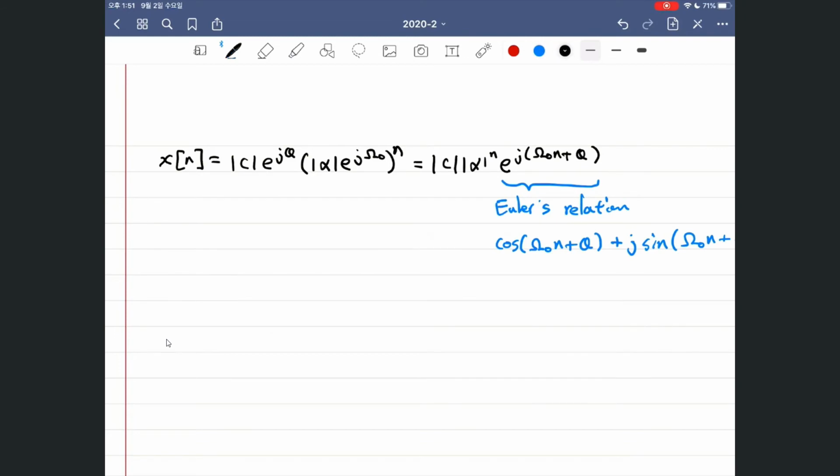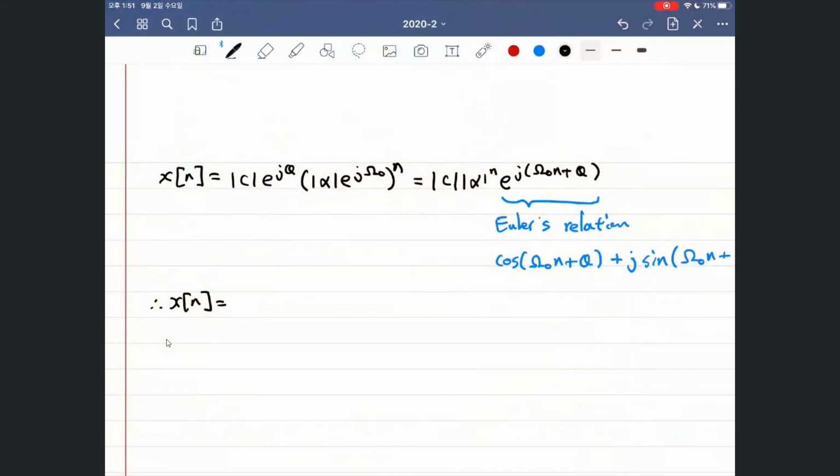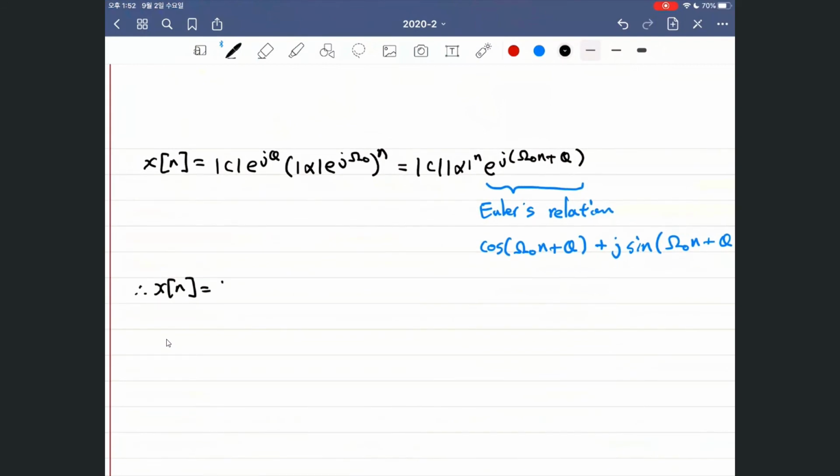So the final expression for the discrete time case is magnitude of c times magnitude of alpha to the n cosine of omega 0 n plus theta plus j times magnitude of c, magnitude of alpha to the n, sine of omega 0 n plus theta. We can say it like this.